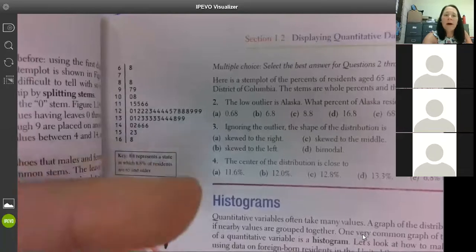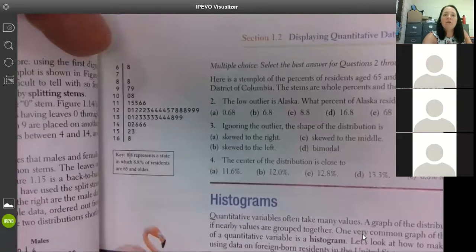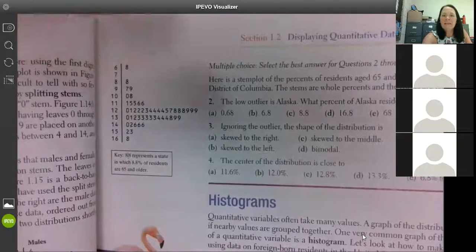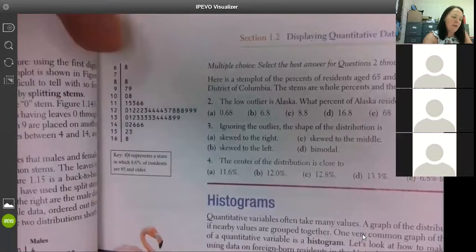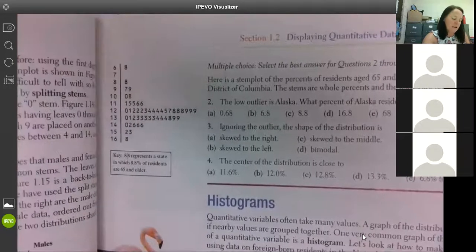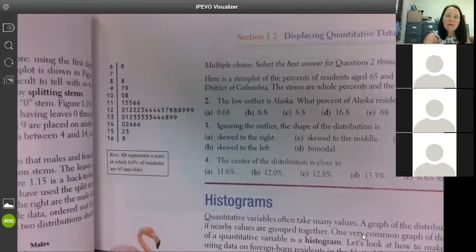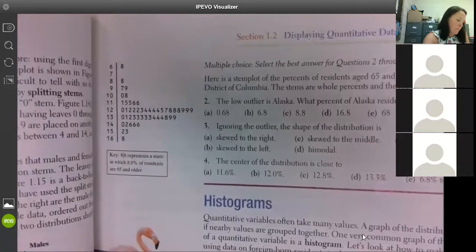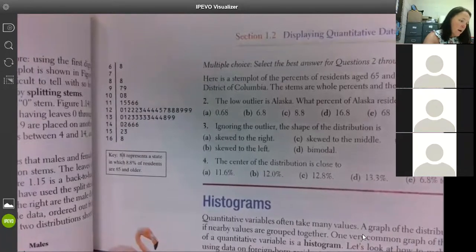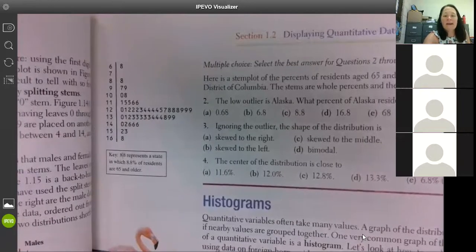It says the low outlier is Alaska, so the low end is 68, but it told you that it was 6.8. So it gave you the key. So what percent of Alaska's residents are 65 or older? 6.8. So your answer is, which one is it? A, B, C, D? B. B, 6.8. So circle B.